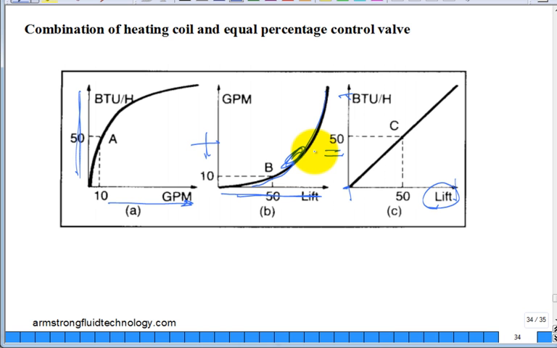It makes it a lot easier to control. Make sense? All right. So if you have it at 50% lift, you get 50% of the heat transfer. You don't get 50% of the GPM, you get maybe 10% of the GPM, but 10% of the GPM still gives you 50% of the heat transfer.